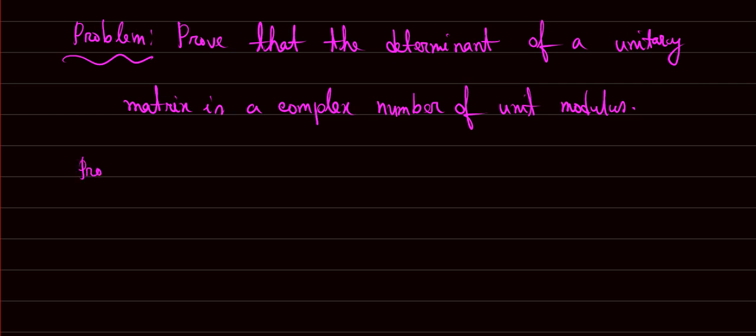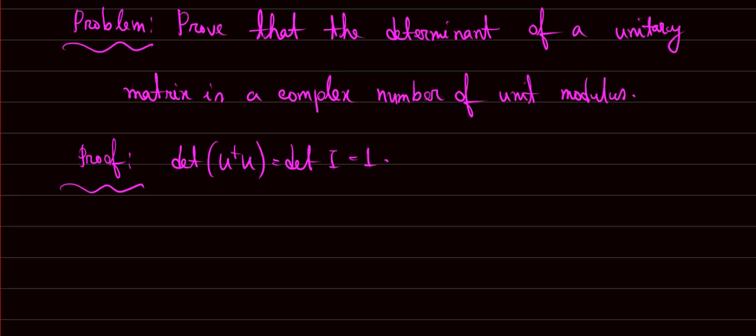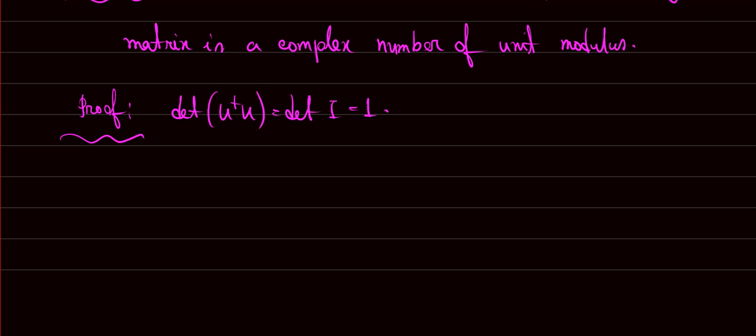So let us prove this. We know the determinant of the identity matrix is always 1. This is the property of the identity matrix, and we can also write like this.